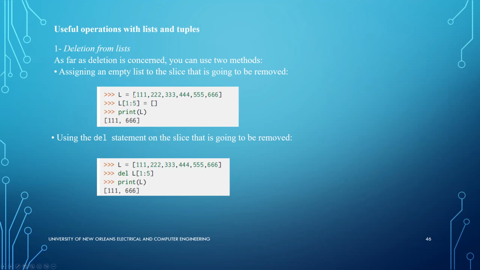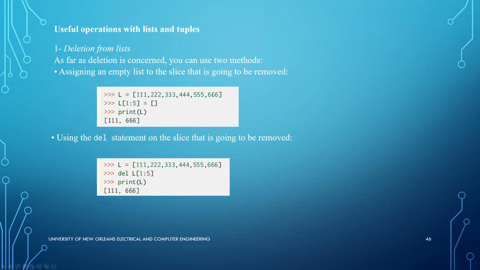For example, this is the original list, and I want to put empty content in the locations from index 1 through 5, which in this case will be 1, 2, 3, 4.